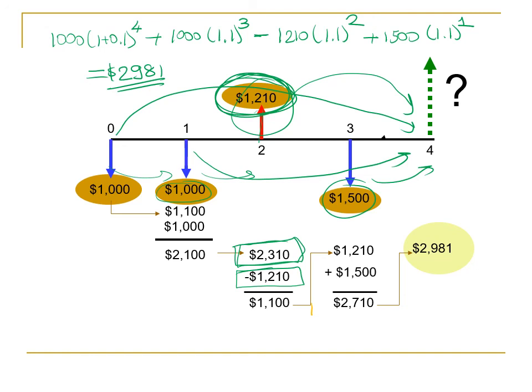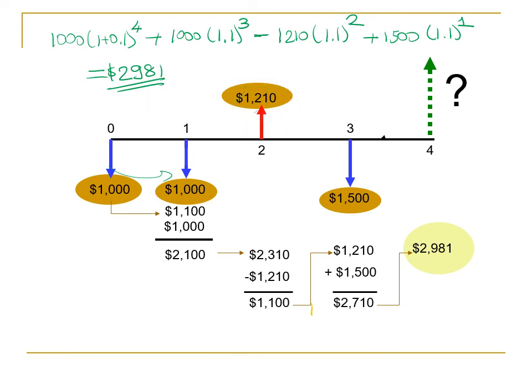So if this amount was less than 1,210, if that amount was, for example, 1,000 in your bank account, then how can you withdraw this amount? It is not possible. So in order to see this situation, you can move them one by one. But if you are sure that there will not be such a situation, then you can move them separately, like in this calculation over here, and find the future value.